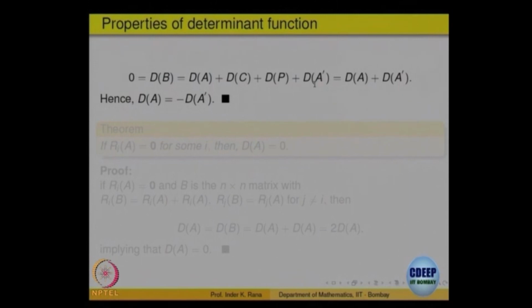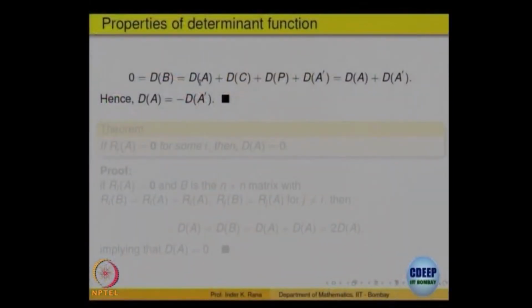Why is that? At the ith place Ri plus Rj, at the jth place also Ri plus Rj. So, how many linear combinations will come? Ij, Ii, Jj and Ji, 4 will come. So, these are the 4 here.